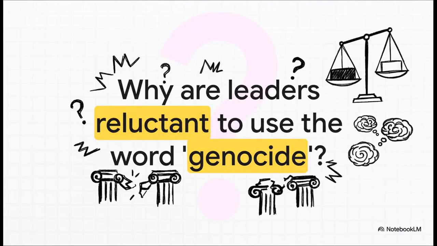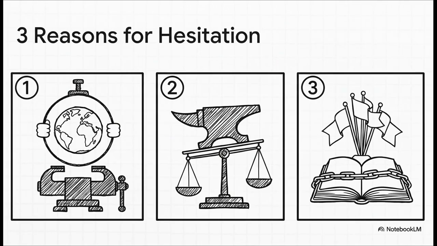So why are so many world leaders holding back? Why the reluctance? Well, this isn't about semantics. It's all about consequences. It really comes down to three things. First, pure politics. Very few countries want to antagonize a superpower like China. Second, is the incredible gravity of the word itself. Some leaders feel it is such a heavy charge that it shouldn't be used without a massive, years-long investigation.